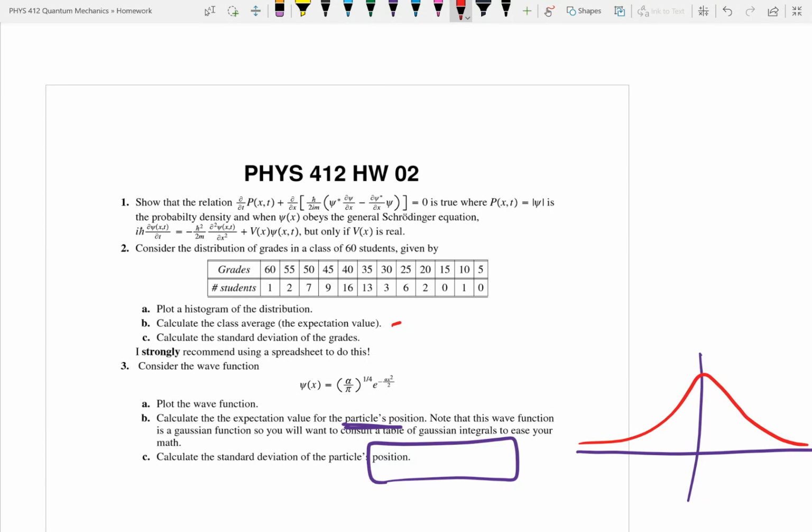For applying a histogram or applying the function, obviously there's nothing to say. I plotted it, right? For the class averages, I'd say expectation value, basically that's all you have. That's how you did the calculation.